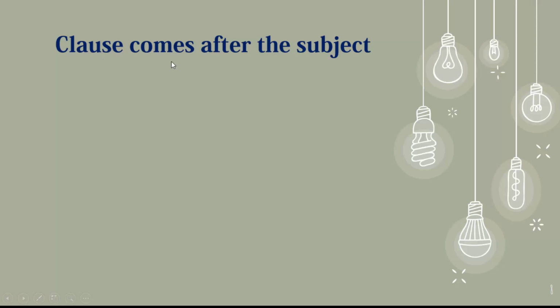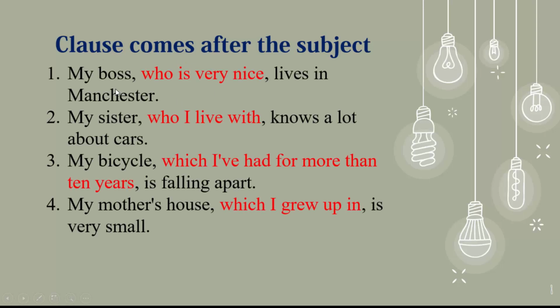When you use the clause after the subject, look at the example. My boss, who is very nice. We can see a comma here and a comma here. So who is very nice explains the boss, my boss. And then you can write lives in Manchester. Number 2, my sister, who I live with. So who I live with explains my sister, and then knows a lot about cars.